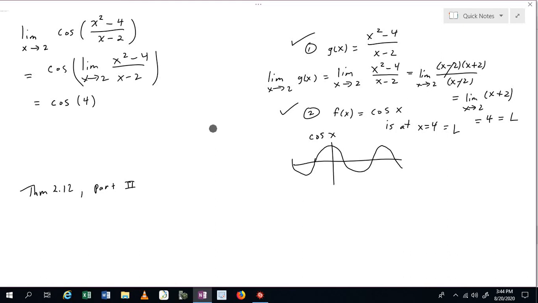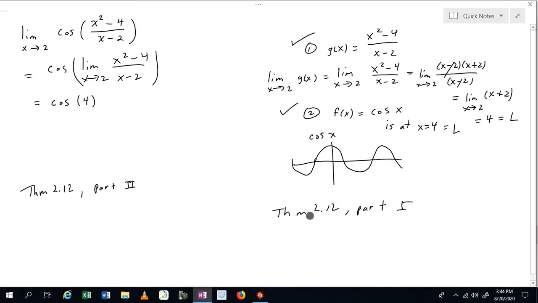Now, one thing I want to mention is we couldn't have used the first part of Theorem 2.12. The reason is that the first part had a stricter requirement.